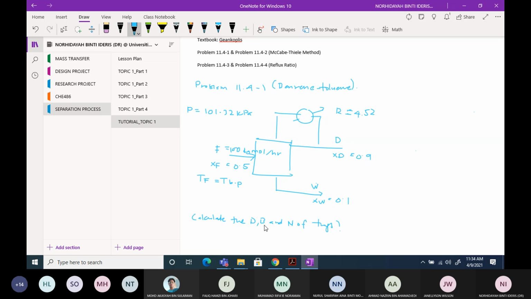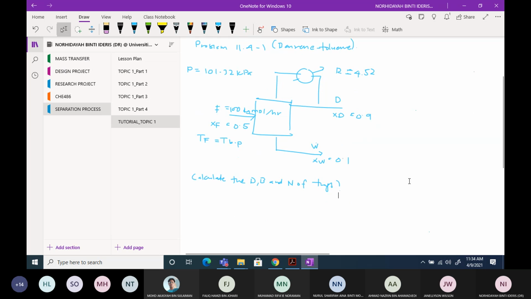Okay, so let's do this step by step. First, you need to solve the overall mass balance, right? I think it's easy. F is equal to D plus W, so you get 100 is D plus W. Now you have the component balance.